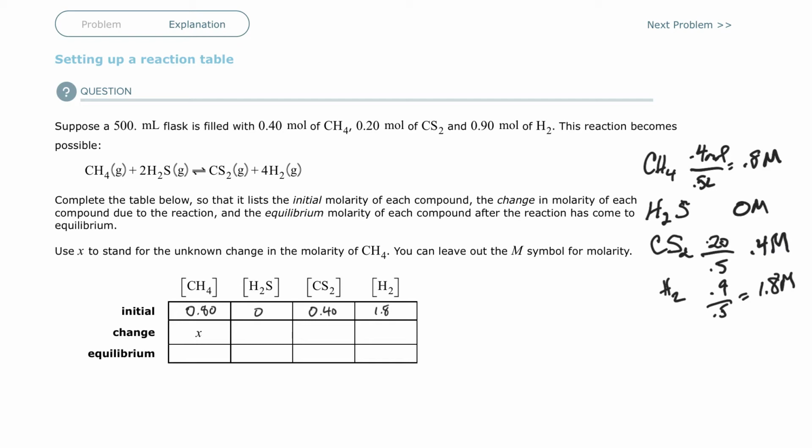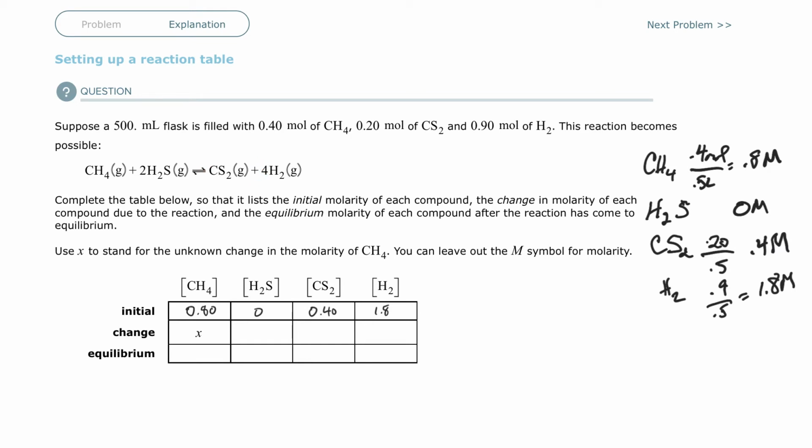The change is based upon what you're looking at first. So usually the reactants are negative. They go away and the products show up. And they're related to each other through the balanced equation, through the coefficients. So 1 mole of methane will require 2 moles of dihydrogen sulfide to give you 1 mole of CS2 and 4 moles of H2.